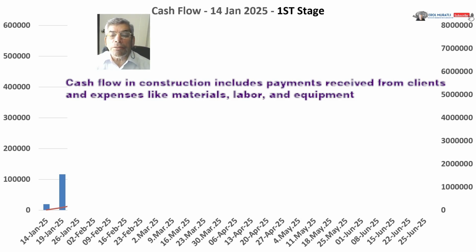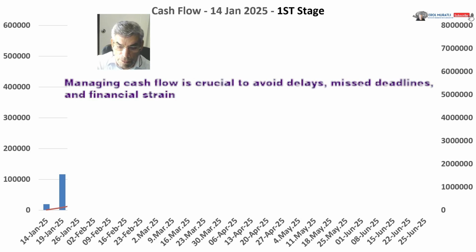Cash flow in construction includes payments received from clients and expenses like materials, labor, and equipment. Managing cash flow is critical to avoid delays, missed deadlines, and financial strain.